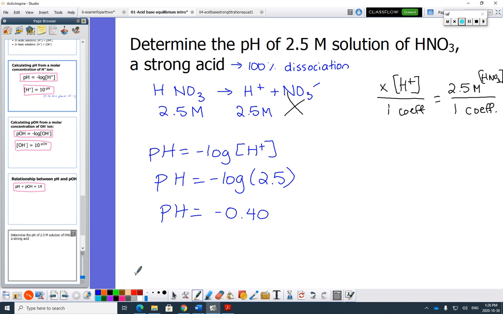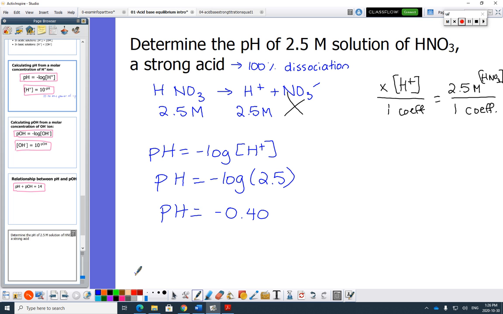If you at your house had a 2.5 molar solution of nitric acid, we would have some questions for you, okay? We don't even have nitric acid at school. It has to be stored separately. This is a very strong acid. So this is a very strong concentrated solution, which is not a practical thing, okay?